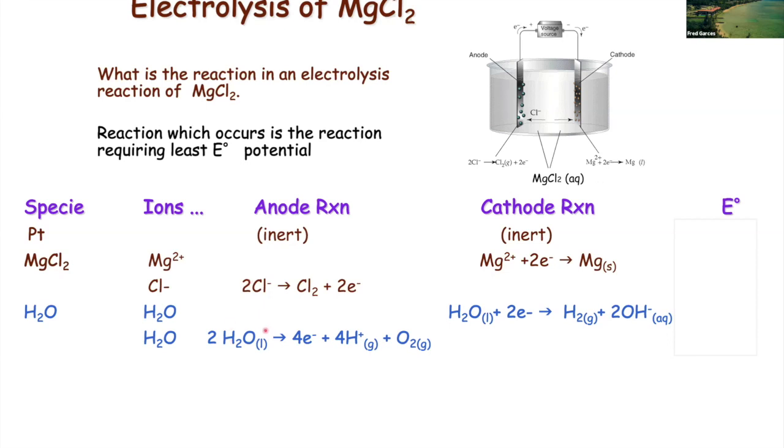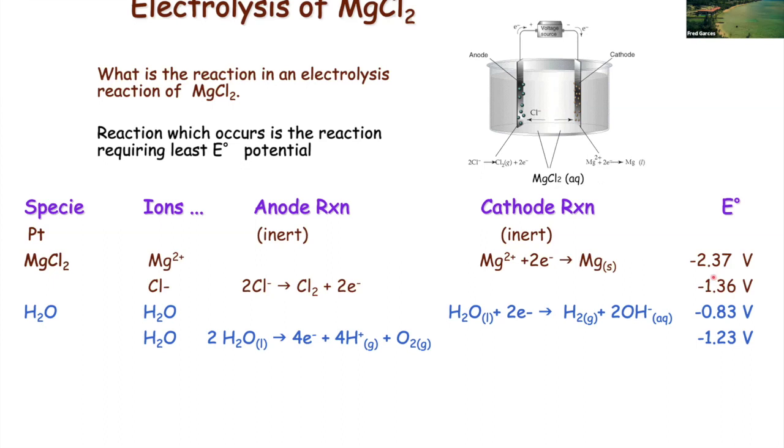The way you figure out which of these two chemicals is the winner is by looking at their driving force. One will require 1.36 volts, the other will require 1.23 volts. The water is going to be the one that's driven. And then these two at the cathode are going to be competing.